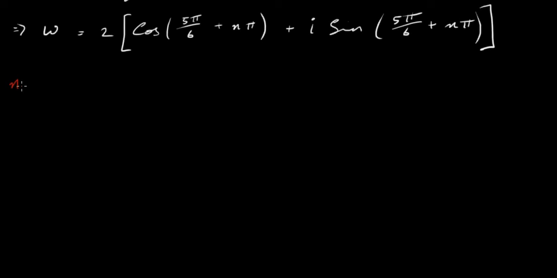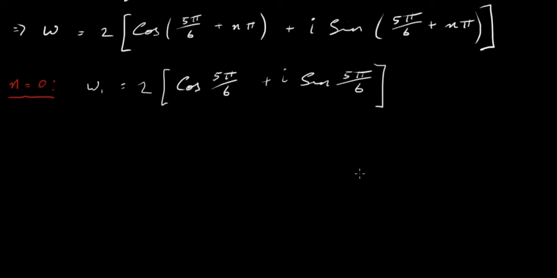If n was 0, our first value for W, we'll call it w1, is just going to be 2 times cos 5 pi over 6 plus i sine 5 pi over 6, because n is 0 here, so n times pi is 0.